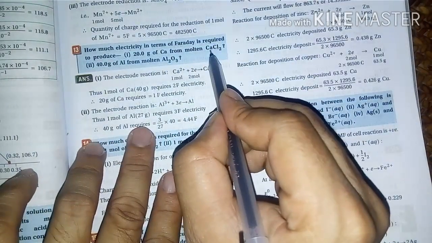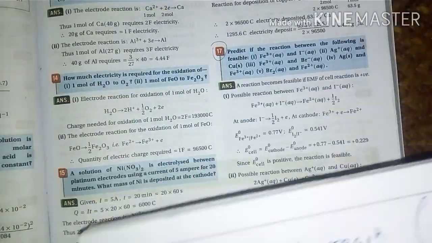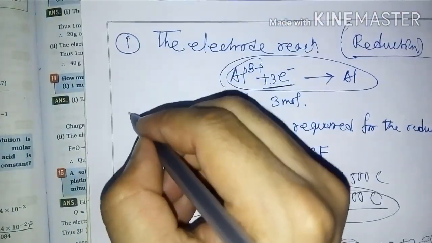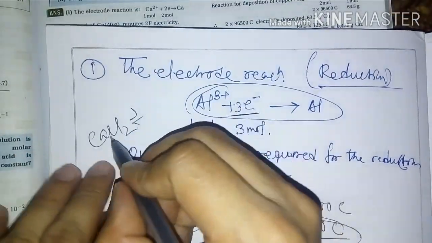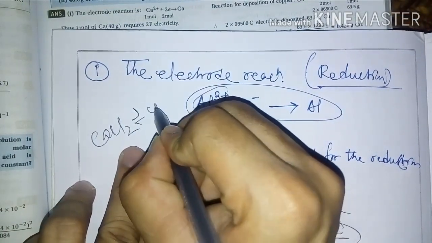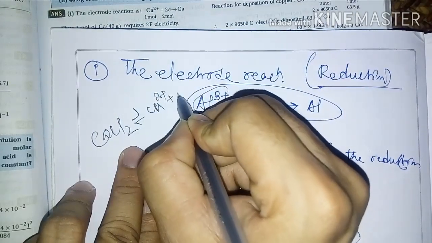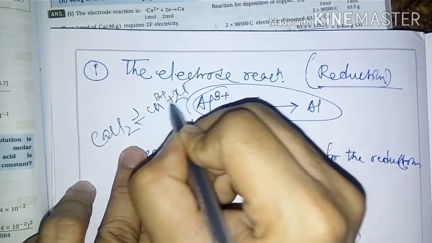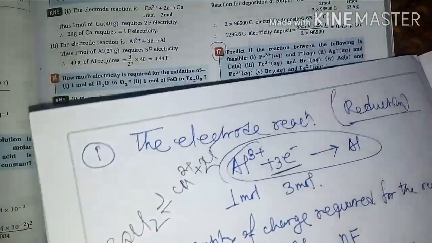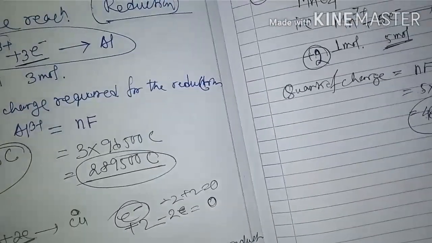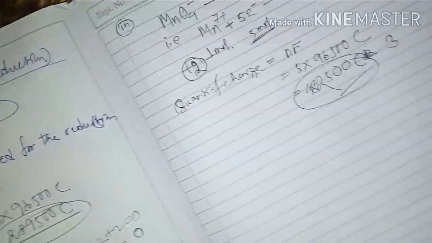First of all, see calcium chloride. How to split calcium chloride? CaCl2 splits into Ca2 plus and 2 Cl minus. Like this you have to split, understood? See now.